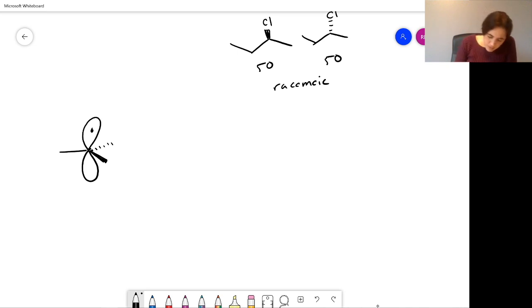But notice that all of the substituents on this central carbon are planar. This is a trigonal planar structure because of the p orbital, which means that the approach from this side and this side are equal.